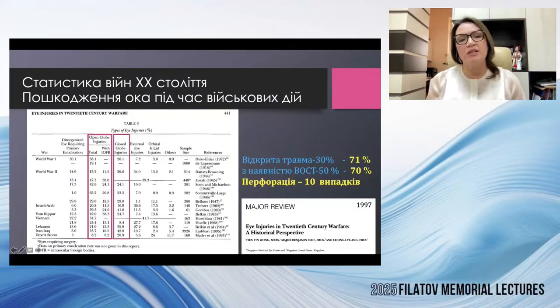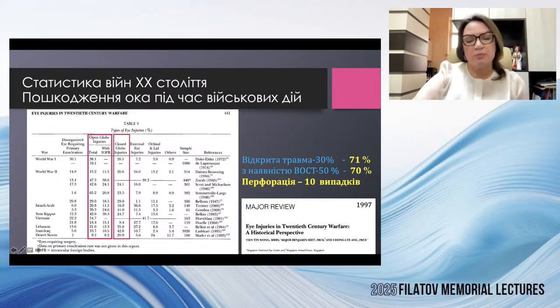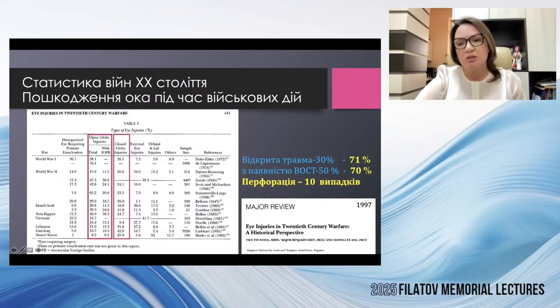Speaking about the changes of war, according to the statistics, during the 20th century, the damage of eyes during the First World War, Second World War, and Vietnamese War demonstrates that open traumas of the eye were observed in 30% of patients. 50% had foreign bodies.